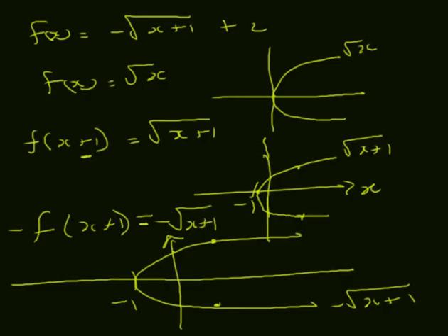And lastly, we say plus 2, so minus square root of x plus 1, plus 2. This is a translation, a shift upwards by 2 units. So this graph will be taken up by 2 units.